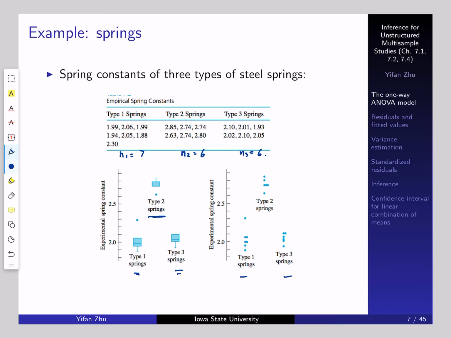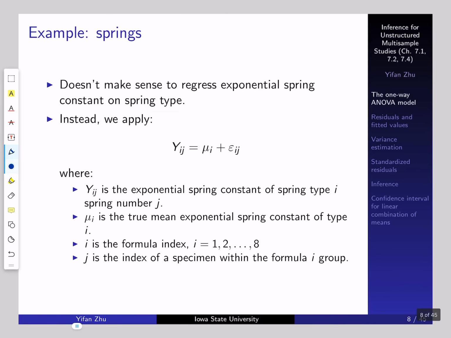And since the type of spring as a covariate is also a factor that separates all the observations into 3 different groups, we should also use a one-way ANOVA model for this kind of data set.